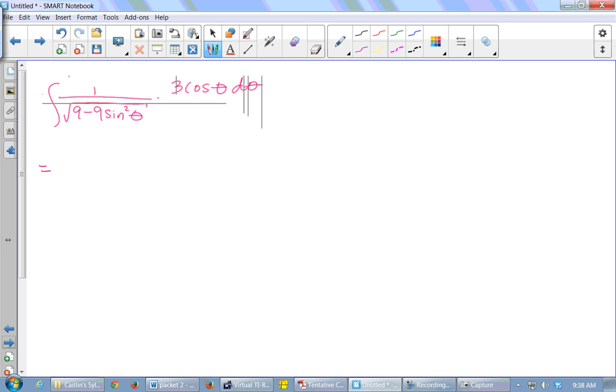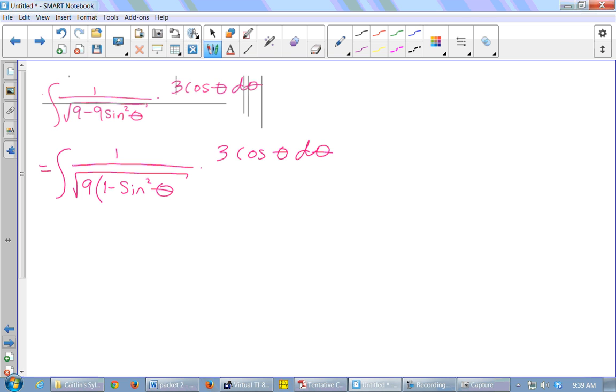So this is going to become the integral of 1 over the square root of 9 times 1 minus sine squared theta, and this is 3 cosine theta d theta. And then I can take that 9 right out of the square root. But actually, I think I won't just yet. I'll leave it for just a minute.